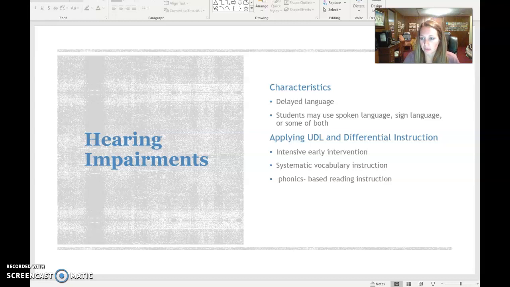Ways to apply UDL and differential instruction: students with hearing impairments need repetitive, explicit practice and to be able to connect known to unknown information. Intense early intervention, systematic vocabulary instruction, and phonics-based reading instruction all give those types of practice.